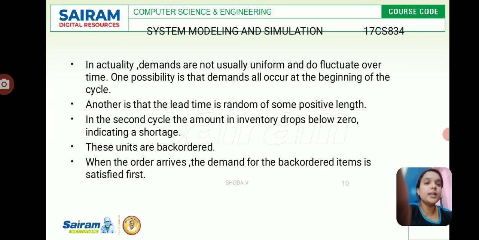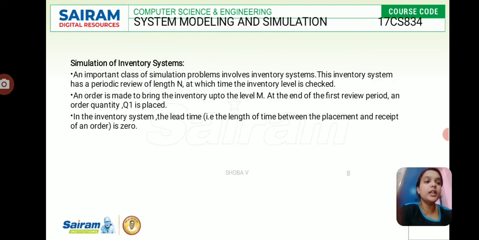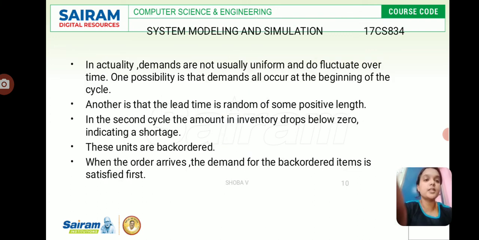In actuality, demands are not usually uniform and do fluctuate over time. One possibility is that demands all occur at the beginning of the cycle. Another is the lead time. Lead time, as we already discussed in this slide, is the length of time between placement and receipt of an order, which is 0 in this inventory system.